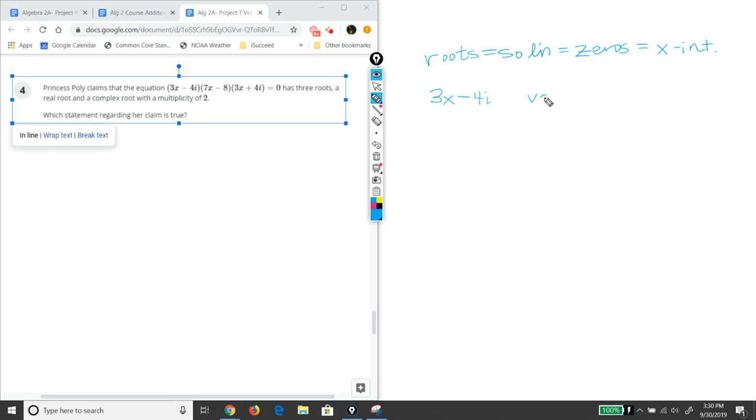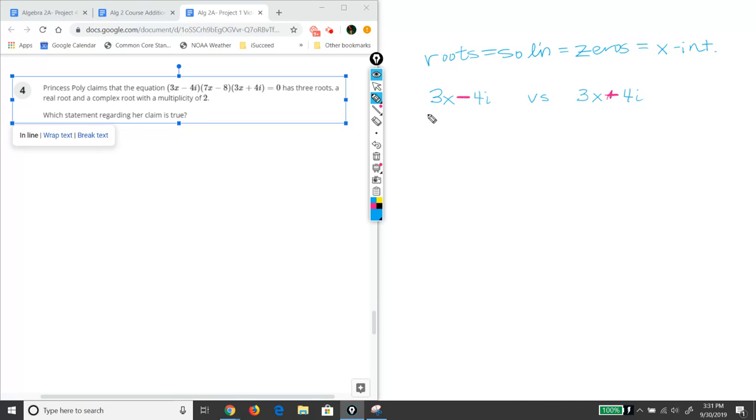Let's just go ahead and compare that with that other factor of 3x plus 4i. Very similar factors, but they are different. So these are 2 unique factors, which are indeed going to be giving us 2 unique solutions or 2 unique roots.